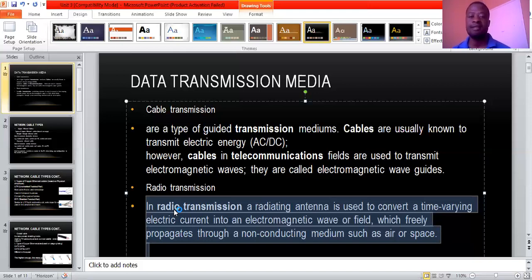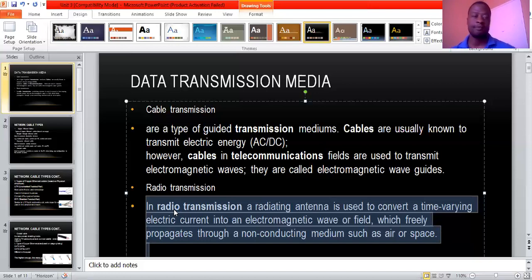It's just the antennas that are radiating or transmitting these signals to you, and for you to receive them, or to be on the same channel, you have to tune your radio to the same frequency, and then you'll be in a position to watch or listen to what is being said.